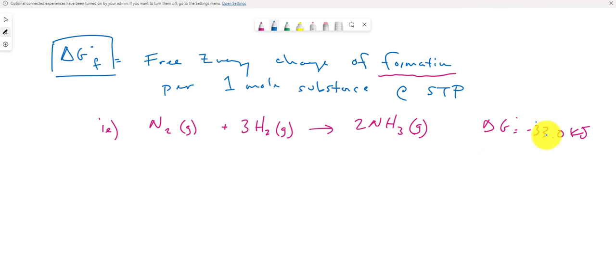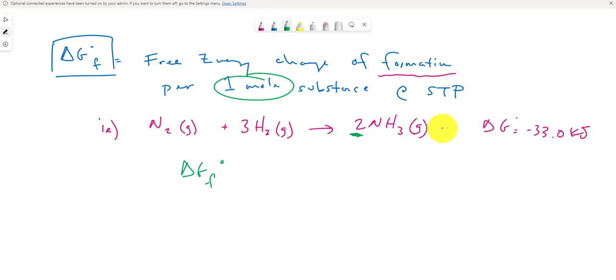In this case, the delta G of the reaction is minus 33 kilojoules. And what that's telling us is that under standard temperature and pressure conditions, for the reaction as it's written right here, there is a decrease in overall free energy of 33 kilojoules. But this is not quite the same as delta G formation because, remember, delta G formation is for 1 mole of the substance.